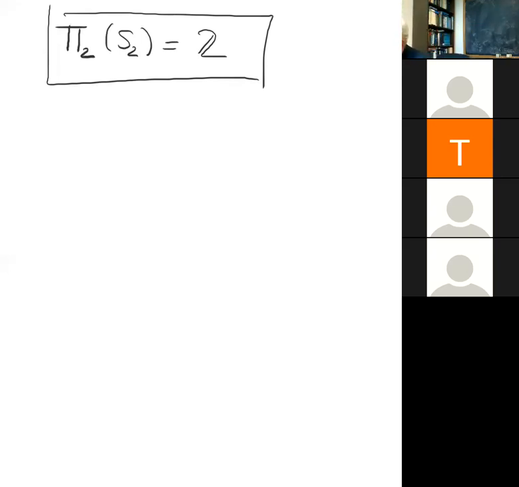So again, this object here is now called the second homotopy group. This here was order parameter space.